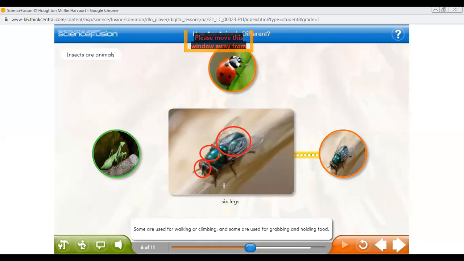As you can see here, 1, 2, 3. They have on the other side, 1, 2, and 3. So that is 6. They have 6 legs. So the first feature, they have a hard covering, and now they have 6 legs, so that they can walk, climb, grab, and hold things or hold the food together. So these are the features of an insect.